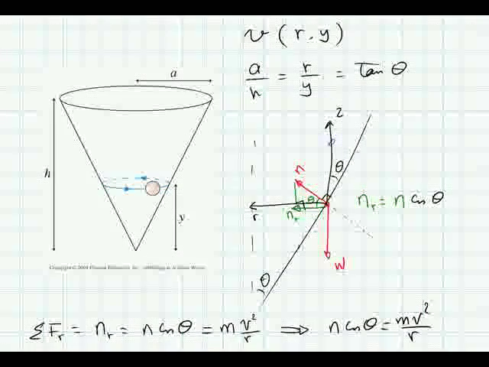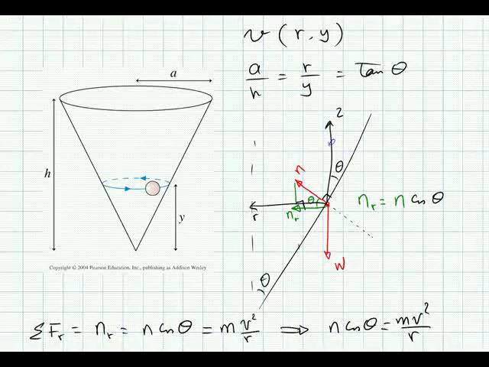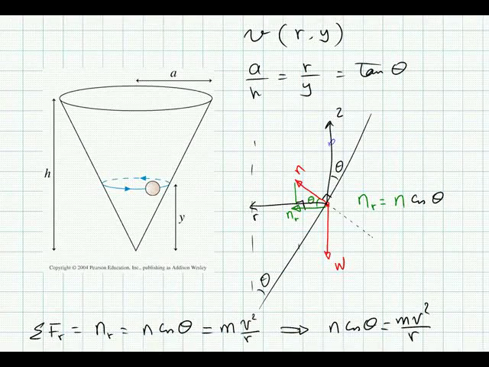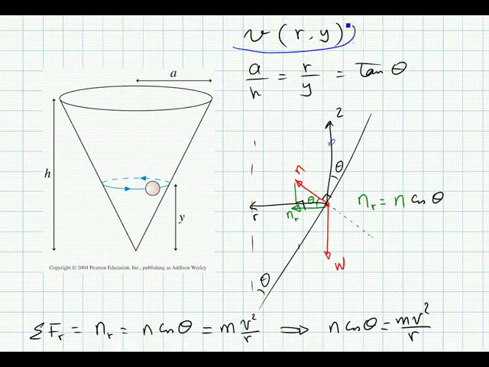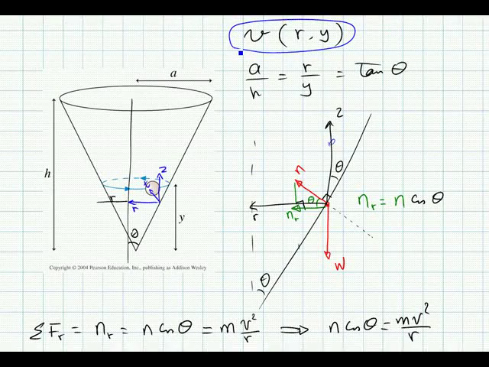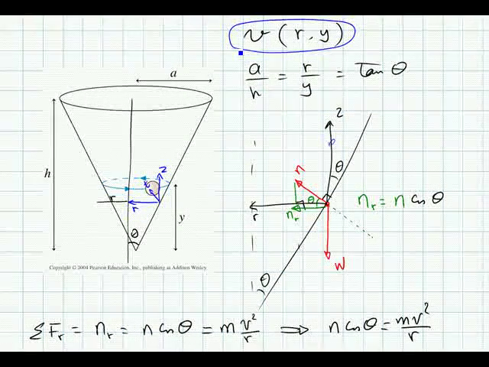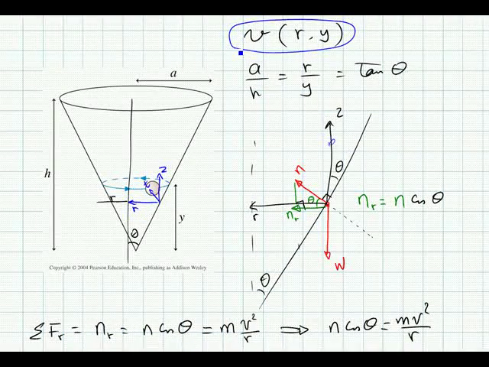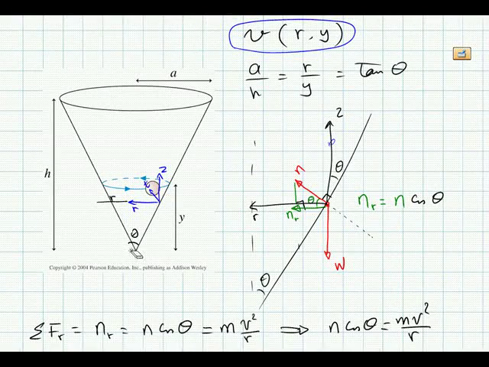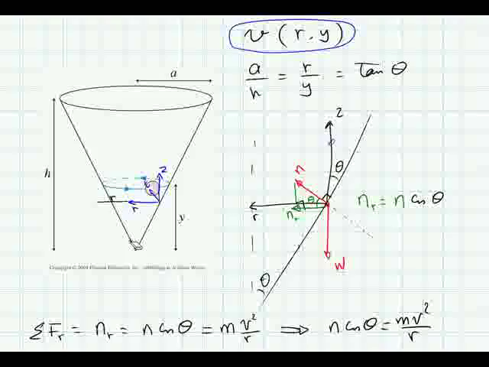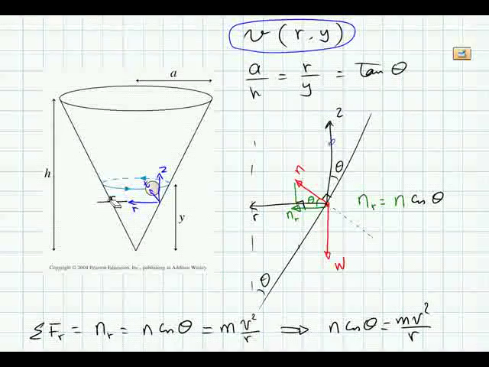We know the radius of the base of the cone and the height of the cone, and the problem is asking us to come up with an expression for the linear velocity in terms of the radius of the circular path and the height y that the ball is rotating at.